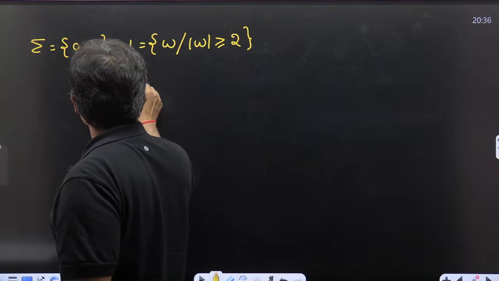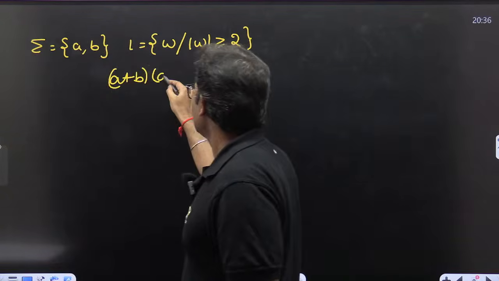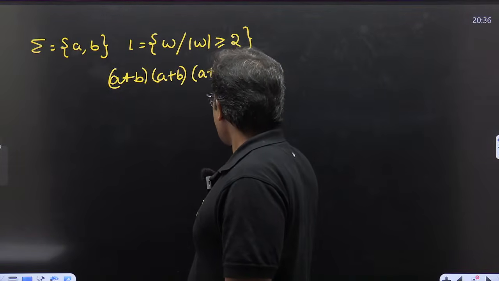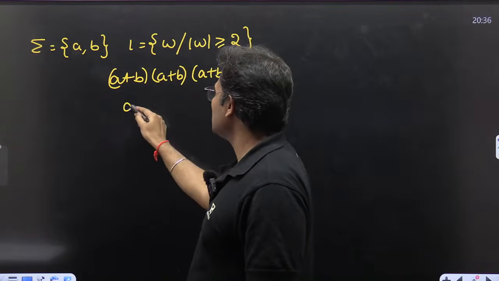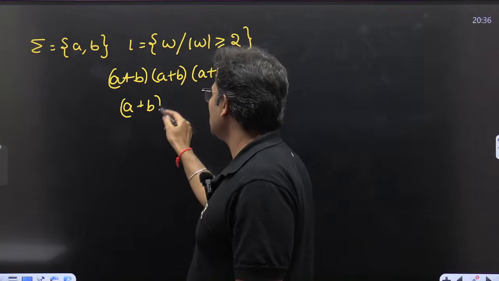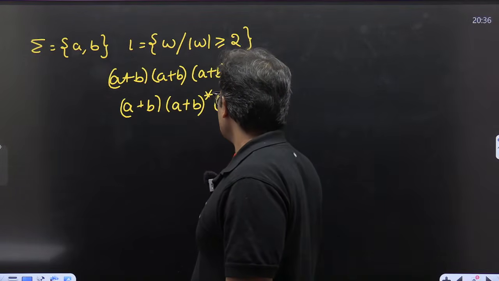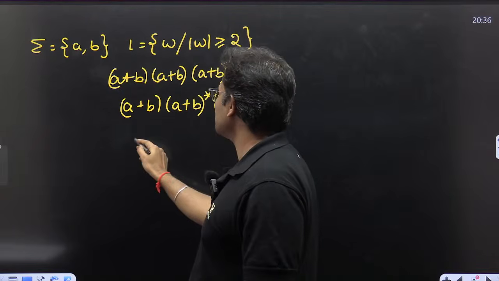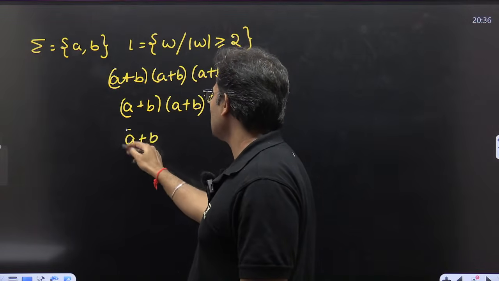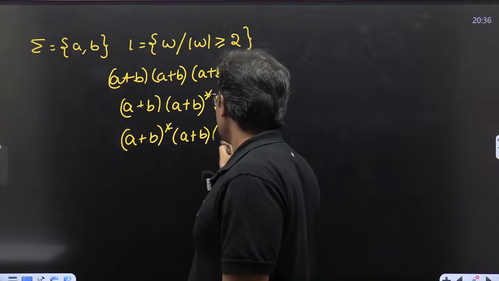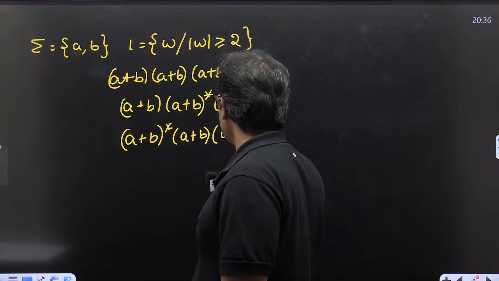You can write like this: A plus B, A plus B, A plus B star. Or if you want, you can change them like this: A plus B, A plus B star, A plus B. This is also two strings. Or you can also write like this: A plus B star, A plus B, A plus B, right?